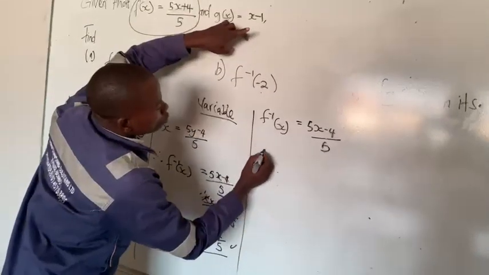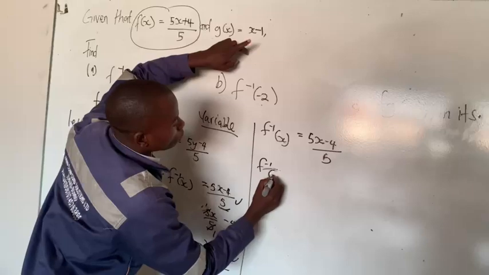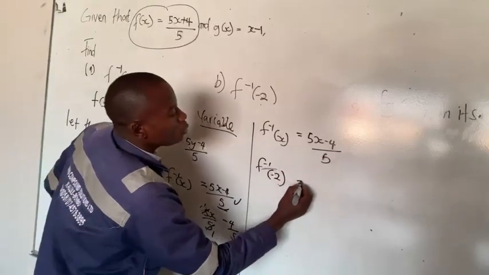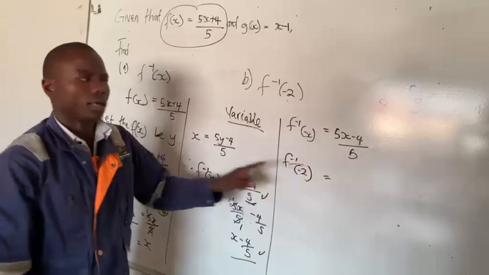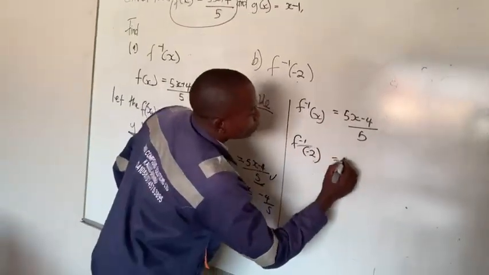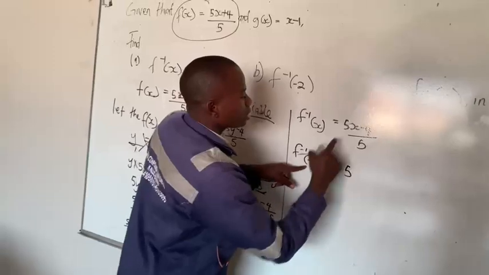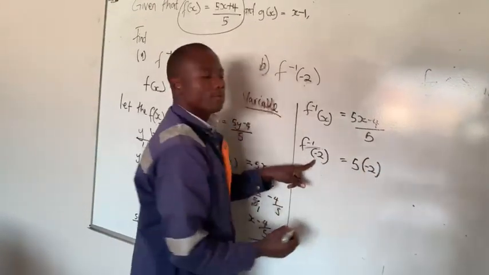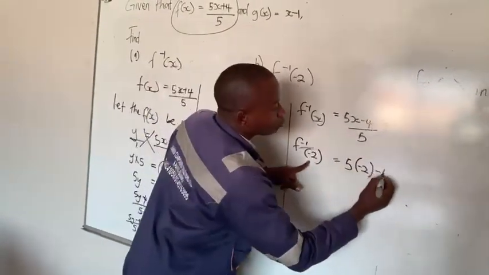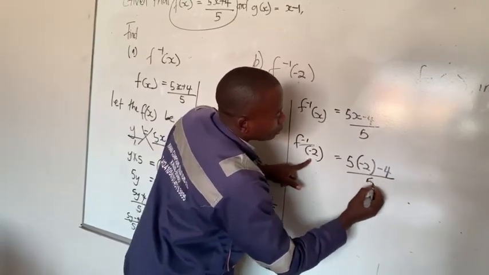Now, if I want to get the inverse of negative 2, I will just substitute. Where there is an x, I put a negative 2. Then I subtract the 4, I divide the whole by 5.